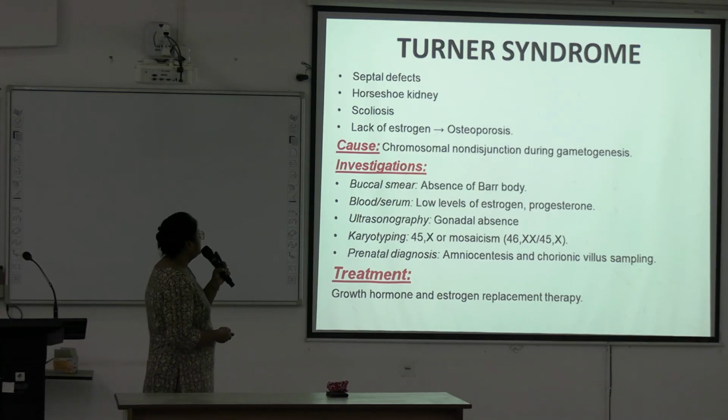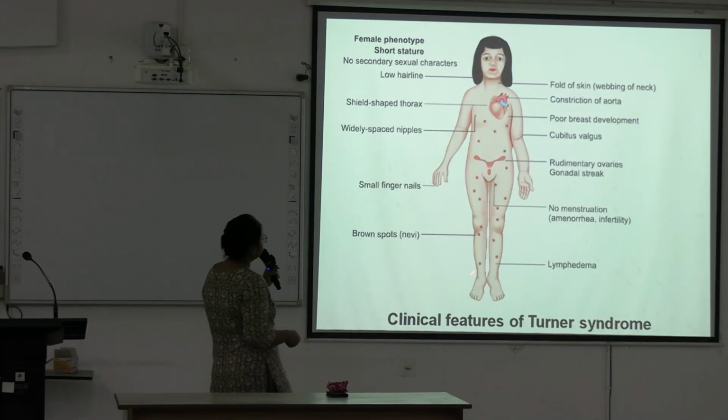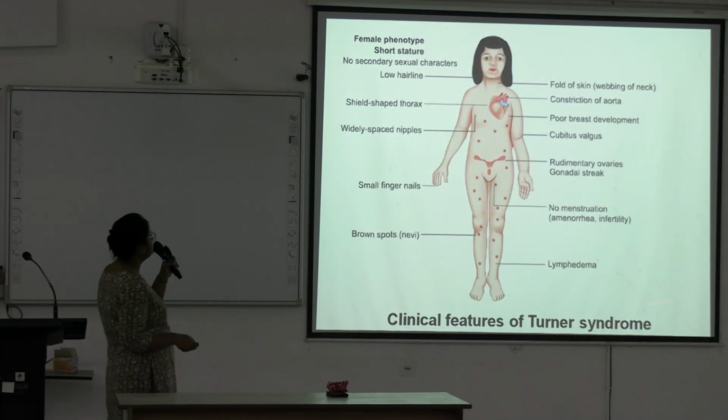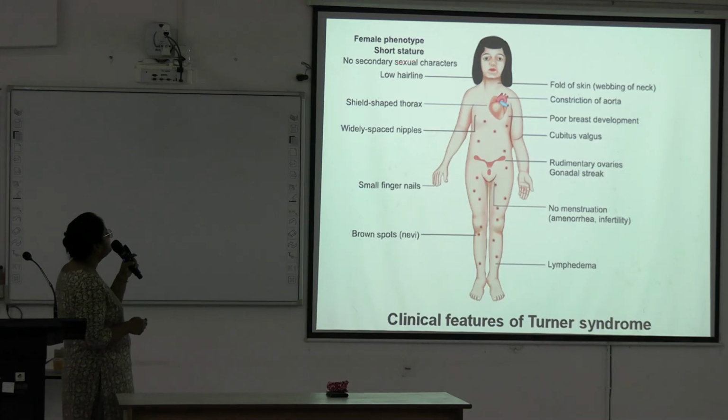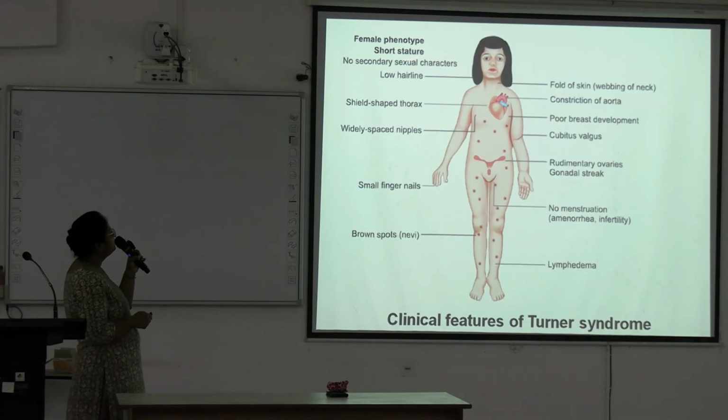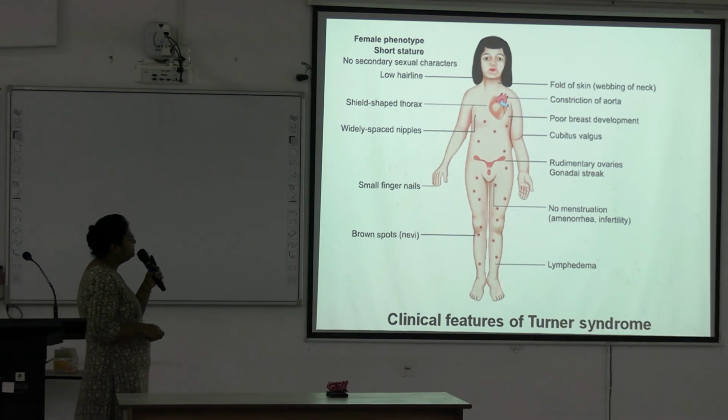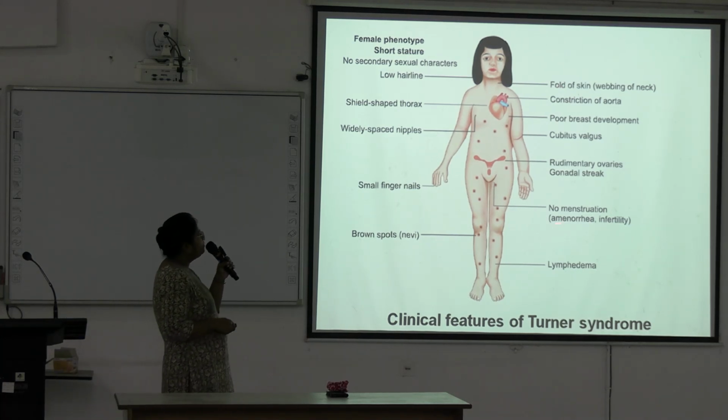Okay. Next. So these are the clinical features of Turner syndrome. Phenotype will be female. There will be short stature, no secondary sexual characters, a low hairline, shield-shaped thorax, widely spaced nipples, small fingernails, brown spots and nevi all over the body, lymphedema, and no menstruation.